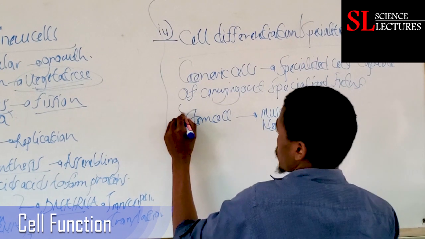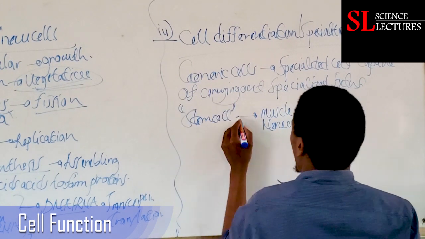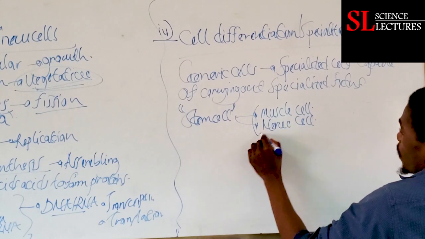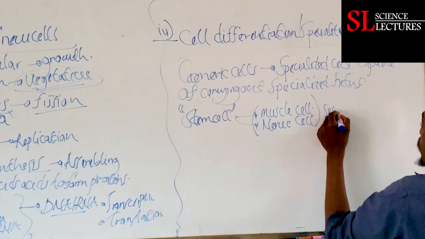So we have a stem cell developing into all these different types of cells. That is what we call cell specialization, because these cells are capable of carrying out specified functions.